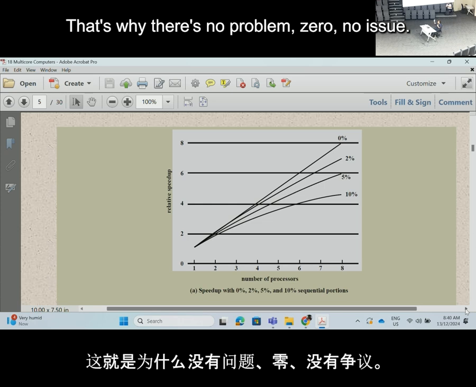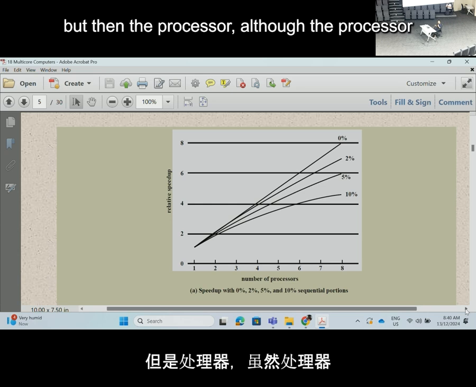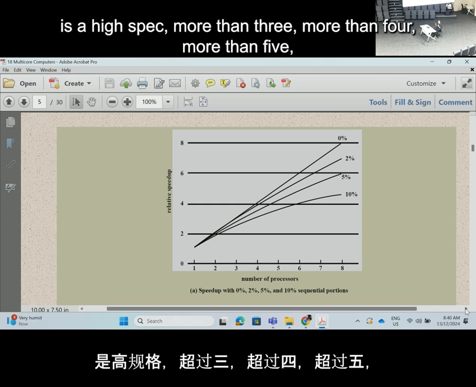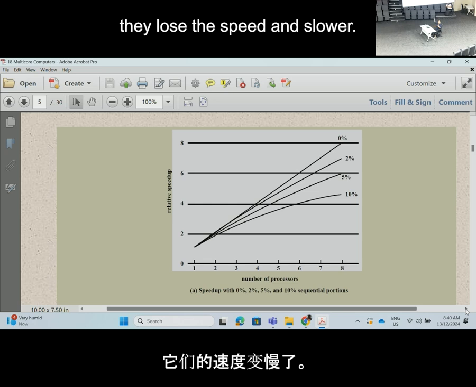That's why there's no problem at 0%, no issue. But when you see the propagation of instruction segments burdening the processor, although the processor is high spec, more than 3, more than 4, more than 5, even here we have 6, 7, and 8 cores, they lose speed and become slower.